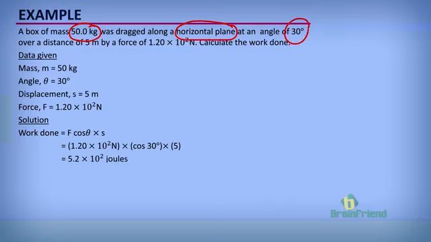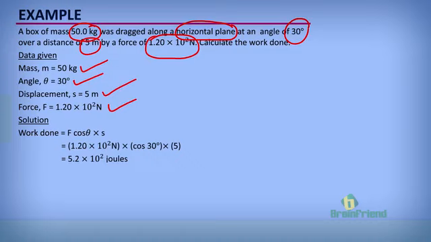The second example: a box of 50.0 kilogram was dragged along a horizontal plane at an angle of 30 degrees over a distance of 5 meters by a force of 1.20 times 10 raised to power 2 Newton. Calculate the work done. Now we can see from the data given, we have mass of 50 kilogram, angle of 30 degrees, displacement 5 meters, force is 1.20 times 10 raised to power 2 Newton, and this is the solution.